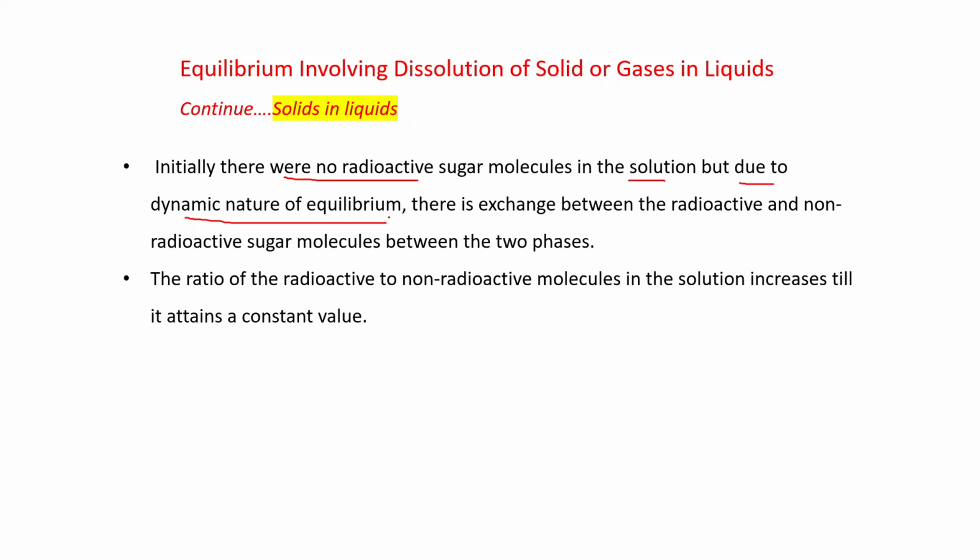This is the dynamic nature, and due to it there is exchange between the radioactive and non-radioactive sugar molecules between the two phases. The ratio of the radioactive to non-radioactive molecules in the solution increases till it attains a constant value.